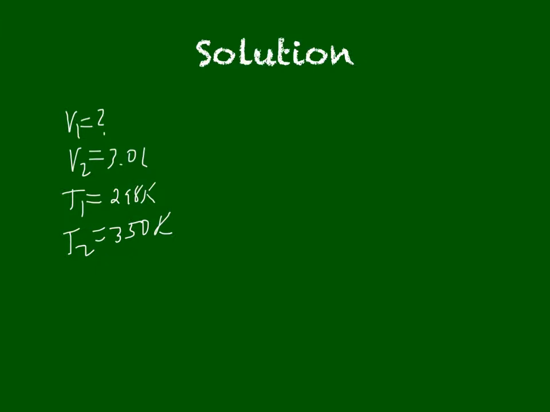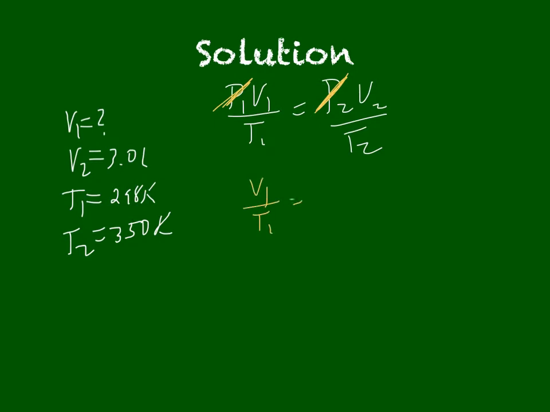So if I use the combined gas law, P1V1 over T1 is equal to P2V2 over T2, and pressure was never mentioned, we cross it out. That leaves us with V1 over T1 is equal to V2 over T2.